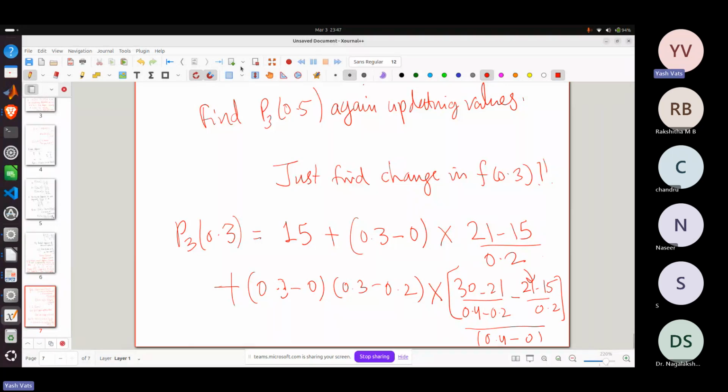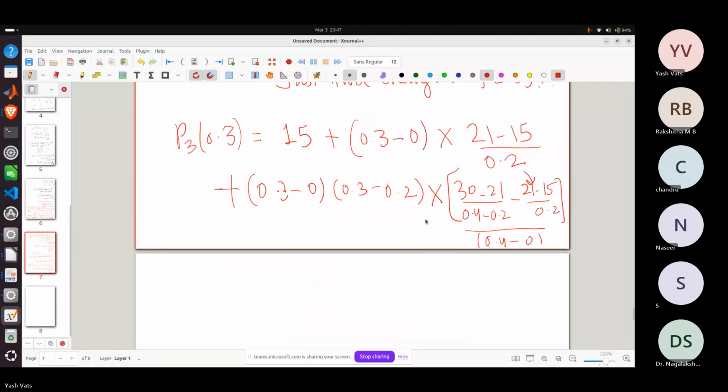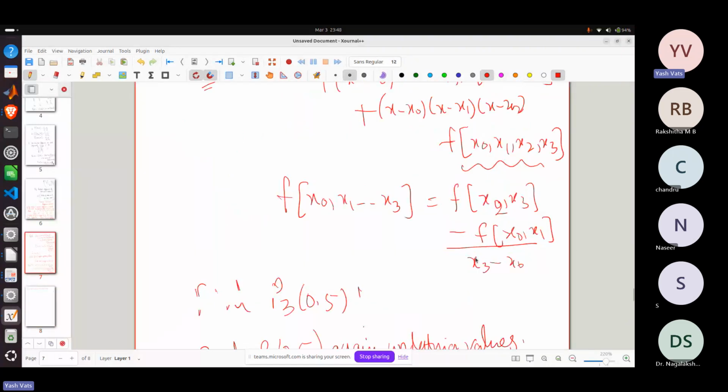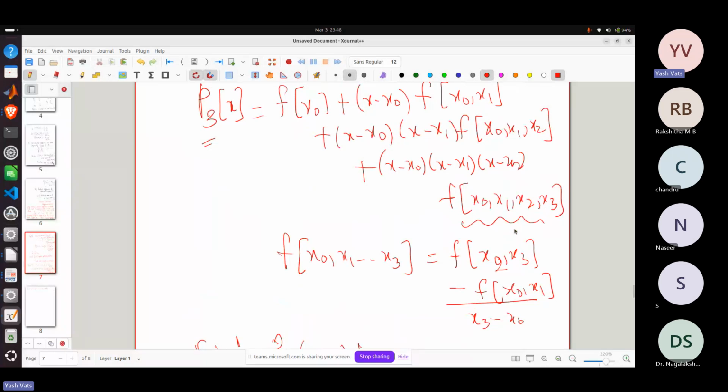I think it's clear. And then you find out the third term, which is (0.3 minus 0)(0.3 minus 0.2)(0.3 minus 0.4). And then you have f[x naught, x1, x2, x3]. Wait, I think I have misplaced. It is f[x1, x2, x3] and f[x naught, x1, x2], and you have already calculated f[x naught, x1, x2].